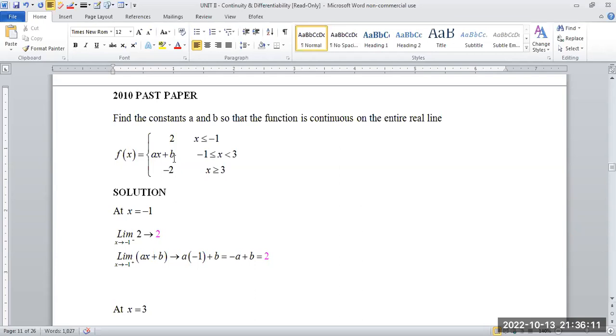There's no x there. You see an x beside the a? Yes, sir. So wherever the limit is tending to, I assume x is equal to that number, then substitute it. Okay, sir. But b in this case is a constant, so I have nothing to substitute and I leave it alone. You get that? Yes, sir.